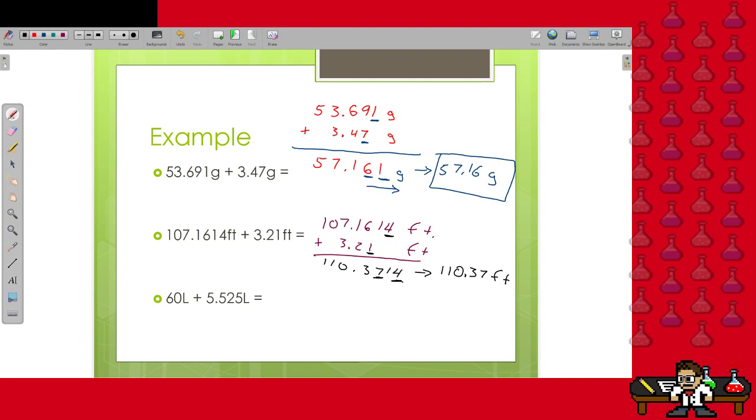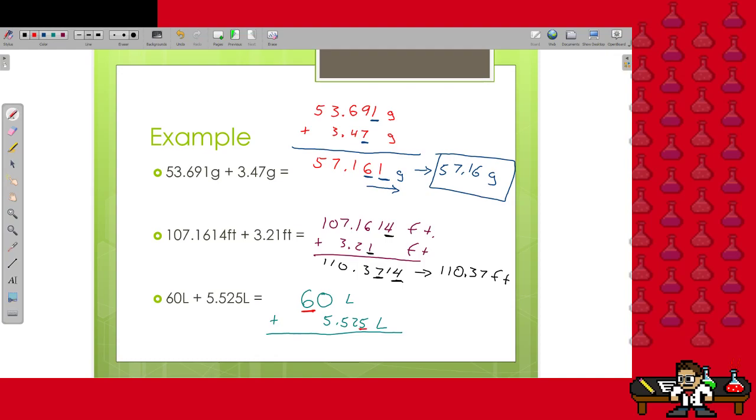And for our last one, same deal. Going to do 60 liters plus 5.525 liters. Our estimation here took place at the tens place. That's where we rounded based off of the significant figures we have.